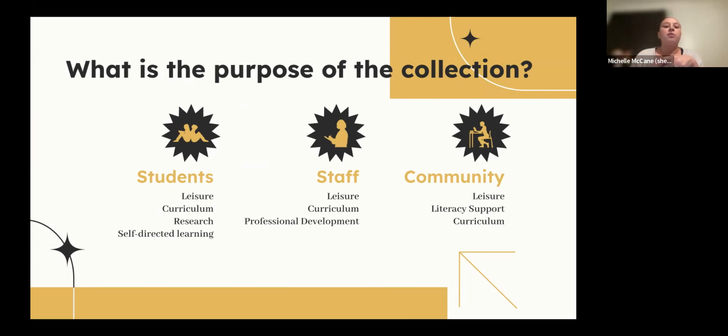And so for me, the thing that I keep central is what is the purpose of my collection and the purpose of my library? And within the schools that I've been in, I tend to focus more on the leisurely piece of reading, just because we do have some really great curriculum supports and things like that. So I lean a little bit more towards leisure, but knowing what your students, your staff, and your community may be looking for, and whether or not you're going to be open to the community.